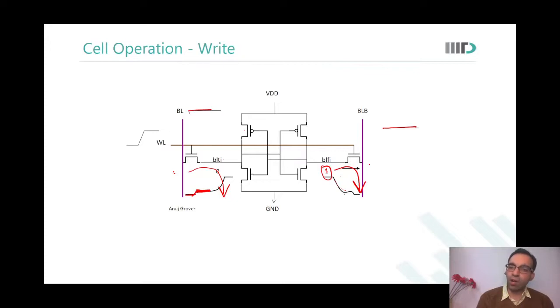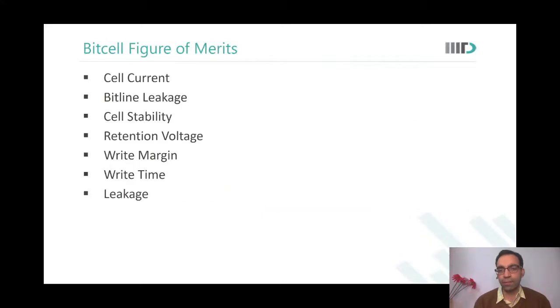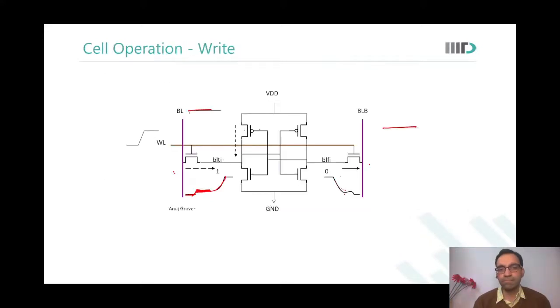But after a lot of discharge had happened, this PMOS turned on. So this will take this node to 1. And we would say that I have flipped the contents of the memory cell. I have written 0 there and 1 here. Okay. Any questions on the write operation?